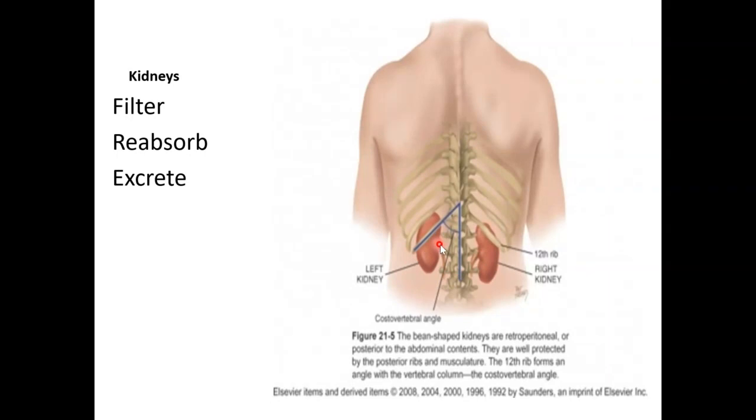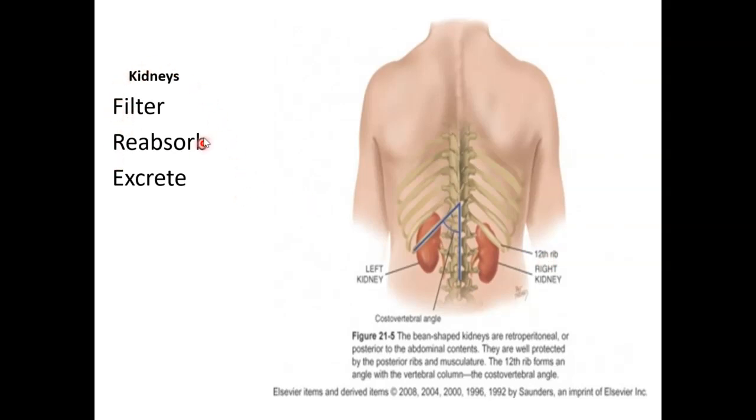Sometimes when somebody's having pain in this area, we call it flank pain, F-L-A-N-K. The bean-shaped kidneys are retroperitoneal or posterior to the abdominal contents. They are well protected by the posterior ribs and musculature. The 12th rib forms an angle with the vertebral column, and hence the name costovertebral angle.